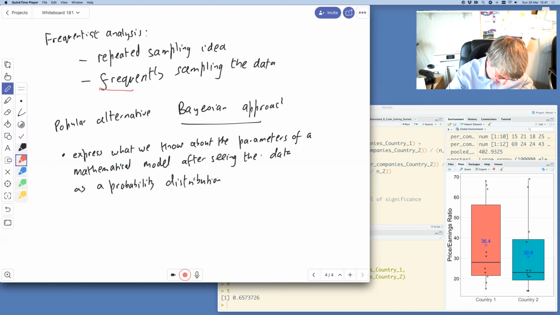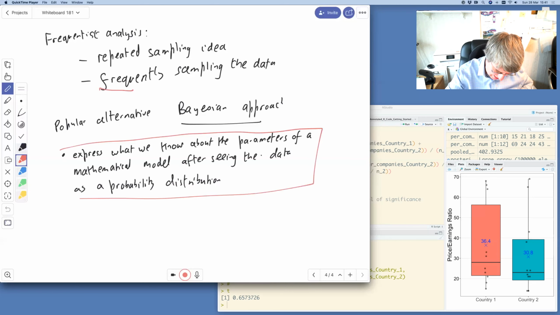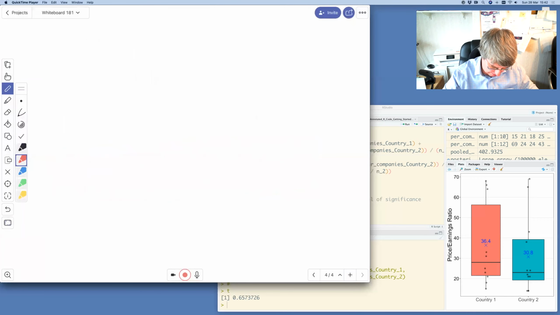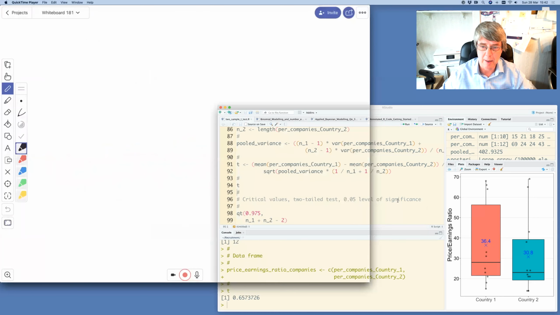And this is the key idea of the Bayesian approach. It's all about expressing our beliefs about the parameters of a mathematical model once we've seen some data, expressing those beliefs using probability.